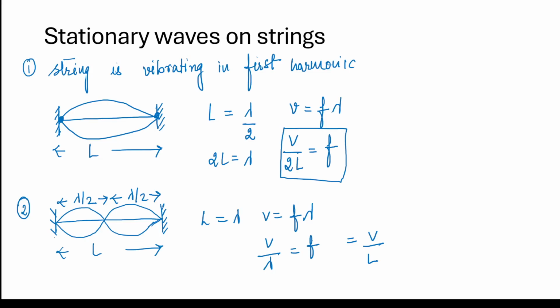Similarly, you can go ahead and try the third harmonic. I'm doing it for you. You try to make the third harmonic. So the third harmonic would be again the same length of the string. The length is not changing, but the number of loops are increasing because you're increasing the frequency.